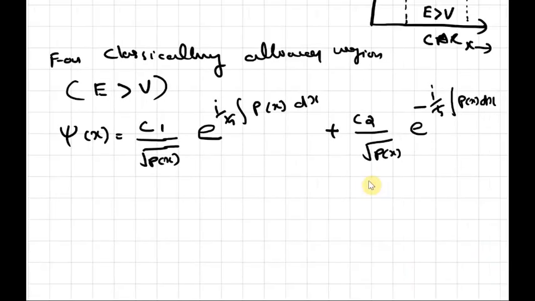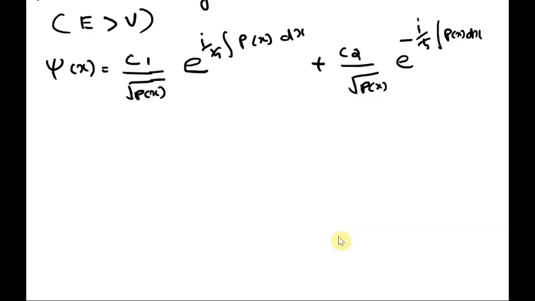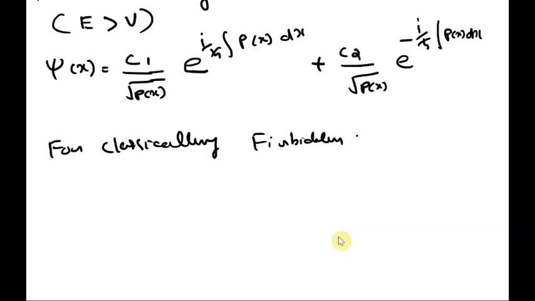For the classically forbidden region, again you have a wave function. Our solution is going to be of the form psi of x is equal to some constant, the same constant. Here the way I define p is going to have an intrinsic minus sign, since 2m (E minus V) is negative.